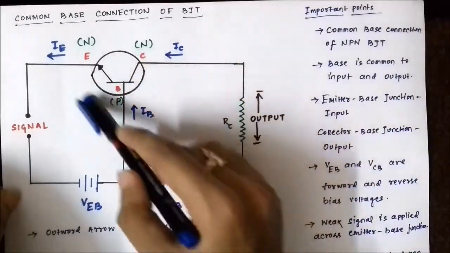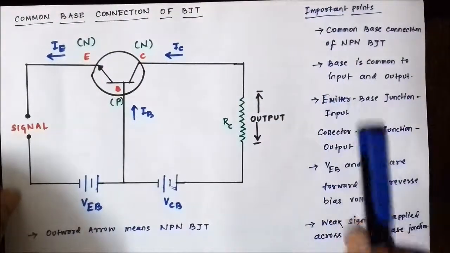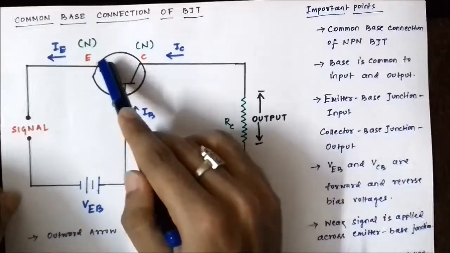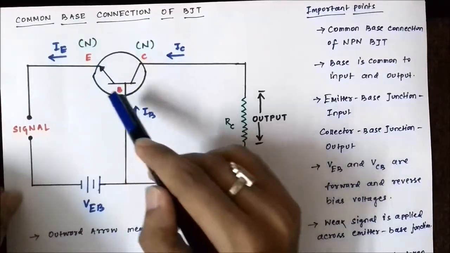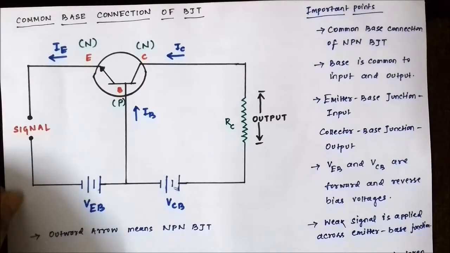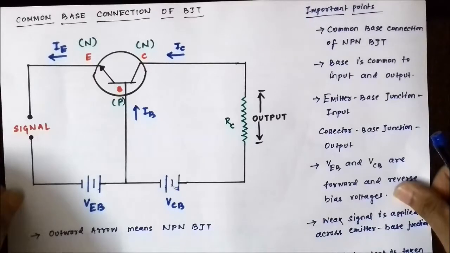Here we have the bipolar junction transistor. It is an NPN type BJT. How do we know that it's NPN? Always pay attention to this arrowhead. It's directed outwards. It means that it's an NPN BJT. The emitter current is directed outwards, the base and collector currents are directed inwards towards the BJT. Okay.